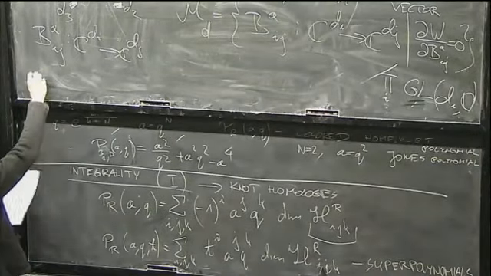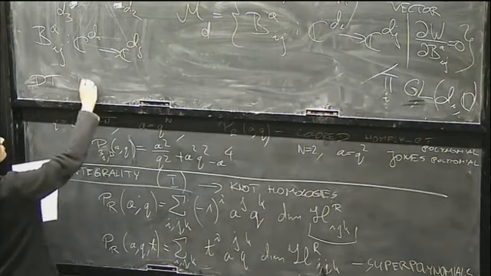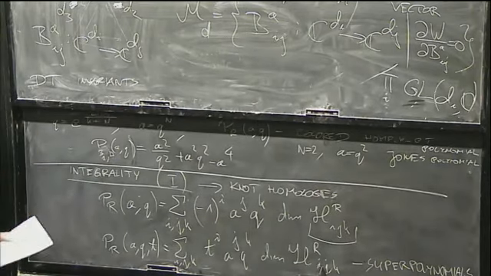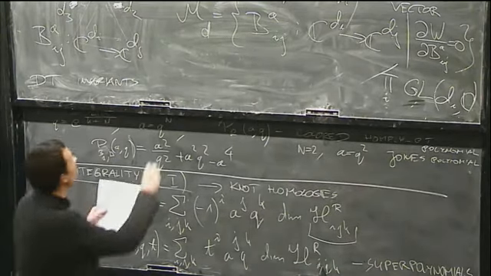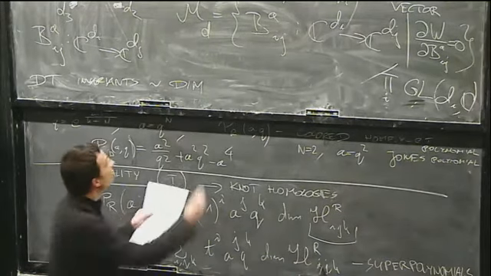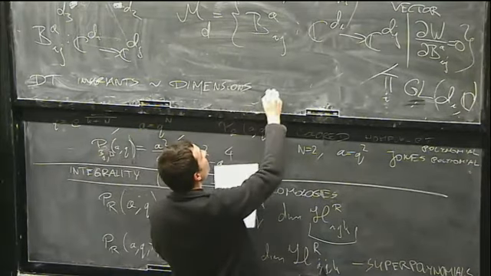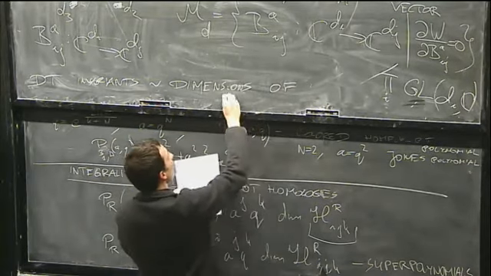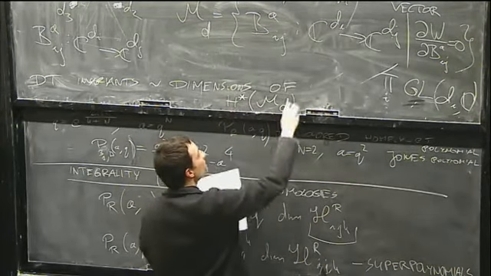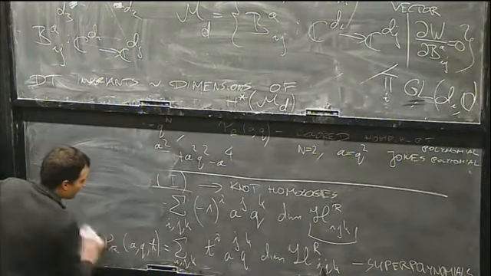And more or less, this is what the DT invariants are. I will not introduce very formal definitions, but roughly speaking, these DT invariants are dimensions of various homology groups of those moduli spaces. And the question is how to find them.